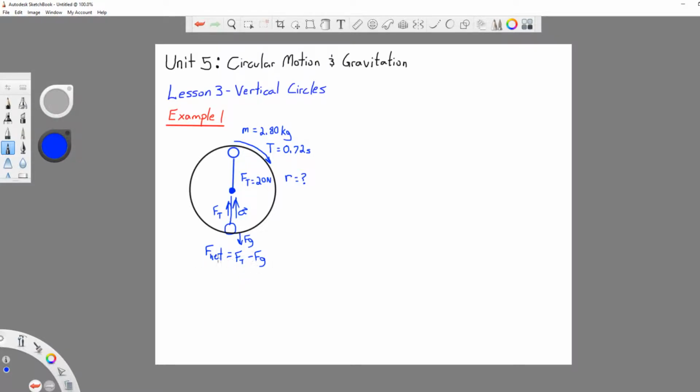And if we rearrange this, we end up with force tension is equal to F net plus force of gravity. And the tension is the force that we're feeling with our hand. It's the one connected to our hand at the center here. So we end up with that force net value plus force of gravity. So it's an addition of forces.